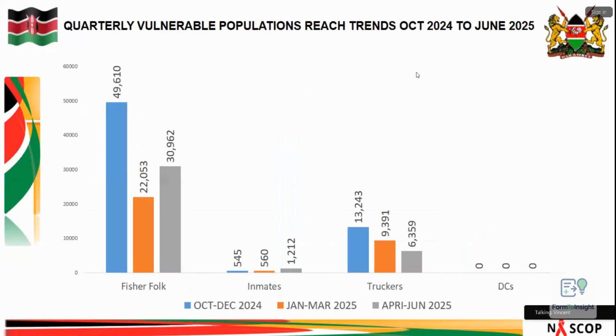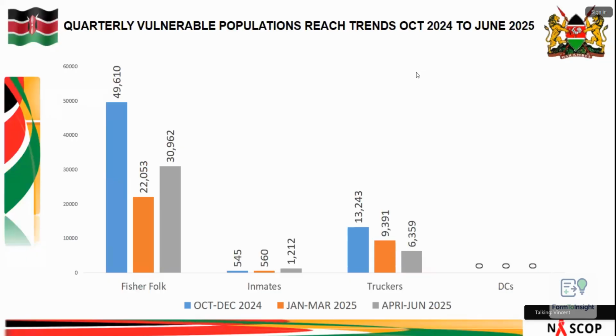When we look at vulnerable population again, they receive these services on a biannual basis, that is six monthly basis. So if we do their report for January to June 2025, then you can see that for fisher folk, we are able to reach 49,000. The quarter ending December 2024, the quarter ending March, we were able to reach 22, and then the quarter ending June, we were able to reach 30,000.